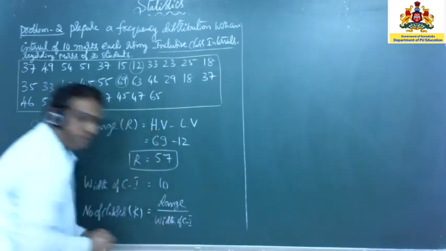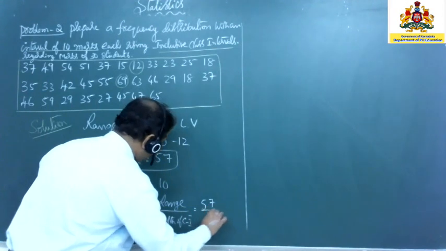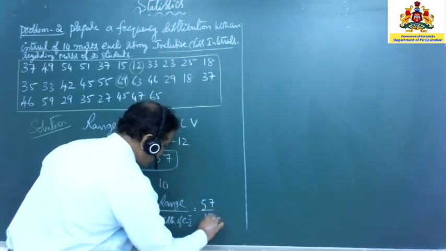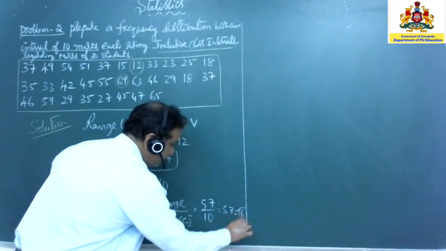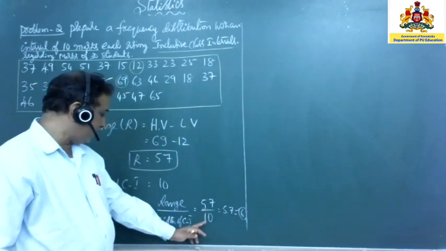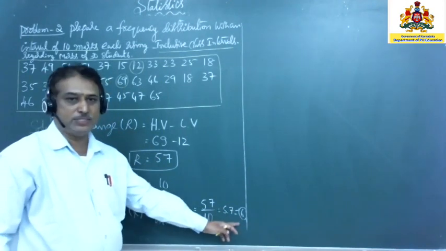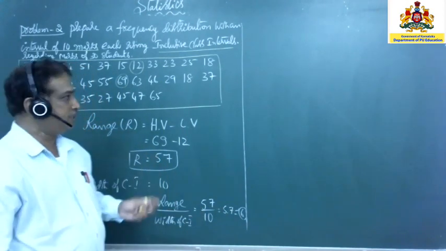Range is equal to 57. Width is 10. 57 by 10 is nothing but 5.7, which is closer to 6. You may get the number of classes as 6.